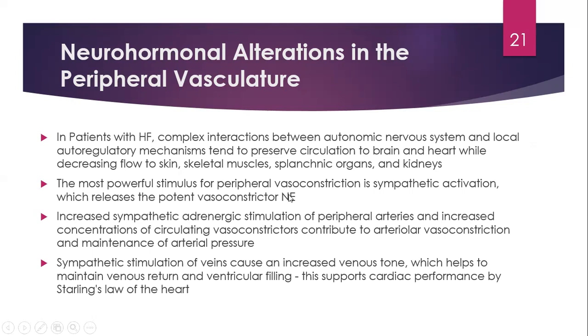The most powerful stimulus for peripheral vasoconstriction is the sympathetic activation, which releases norepinephrine, all right? When sympathetic adrenergic stimulation is increased in the peripheral circulation, it causes vasoconstriction in the arteriole, okay? And when you have arteriolar vasoconstriction, it increases arterial blood pressure and helps to maintain arterial blood pressure in heart failure. You know that systemic peripheral resistance is mainly contributed by arteriolar smooth muscle.